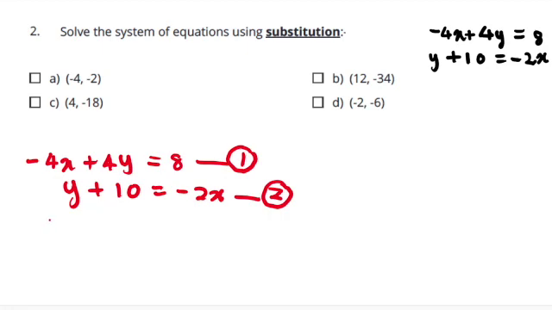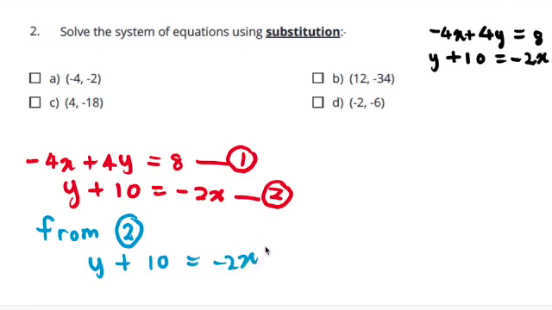Which equation do you want to use? Equation 2. So you find y from equation 2. Write down equation 2 first: y plus 10 equals negative 2x.